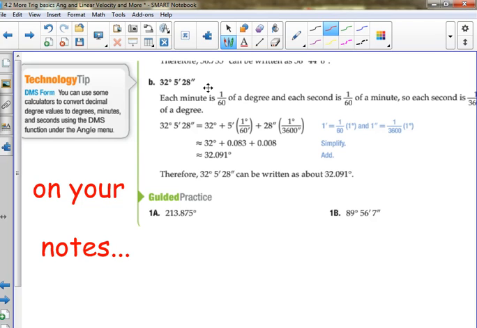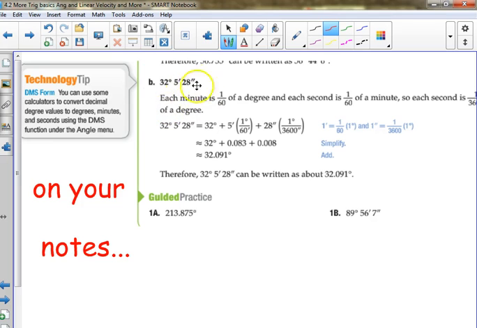Let me try that again. So if this is degrees, minutes, and seconds, it's like hours. So there's 3,600 seconds in a degree, like there's 3,600 seconds in an hour. When I asked that question, I don't know if I said minutes or hours. I meant hours, but all right.